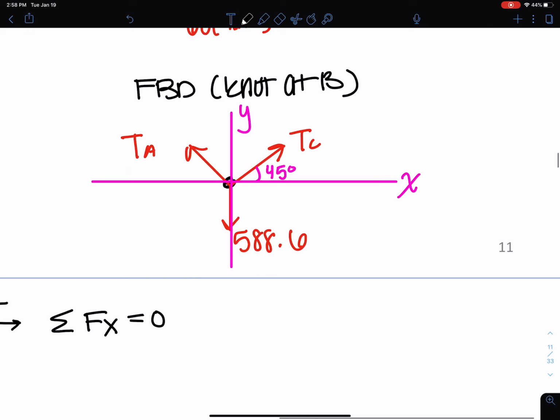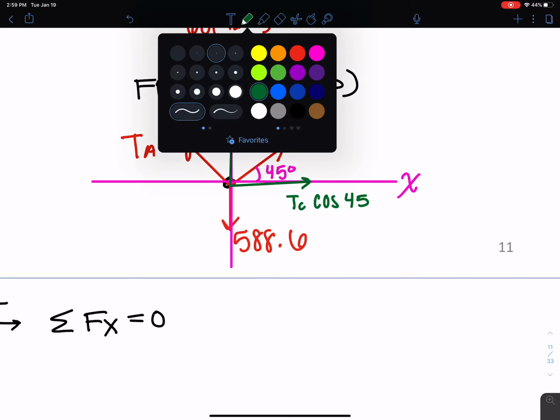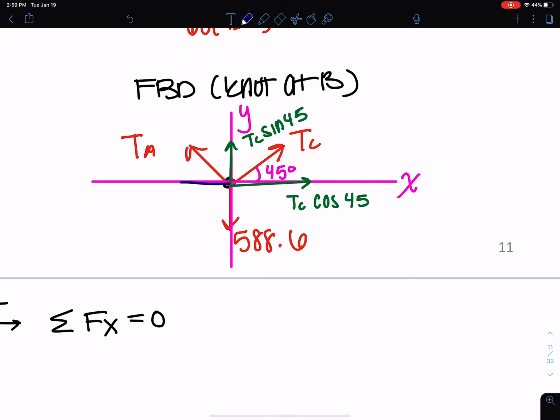Okay, I'm going to start resolving these into components. So if TC is going in this direction, I'm going to have TC cosine 45, TC sine 45. And then in this direction, I'm going to have, well, my lines are a little crooked. Let's see what's happening. There we go.